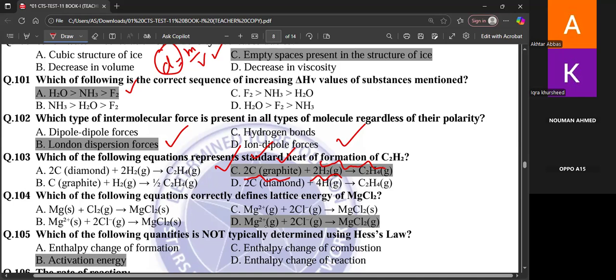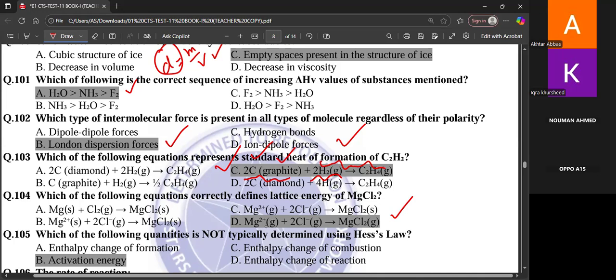Question 104. Which of the following equations correctly defines the lattice energy of magnesium chloride? You know that in lattice energy, the ions combine to give 1 mole of a substance. So we can say that the best option is D. During this reaction, is the energy released or absorbed?